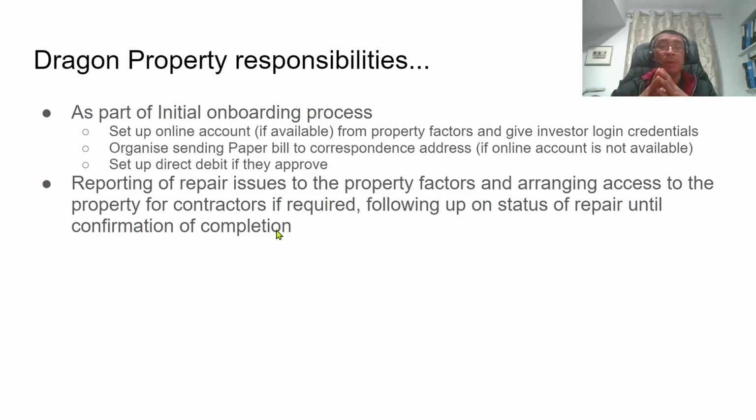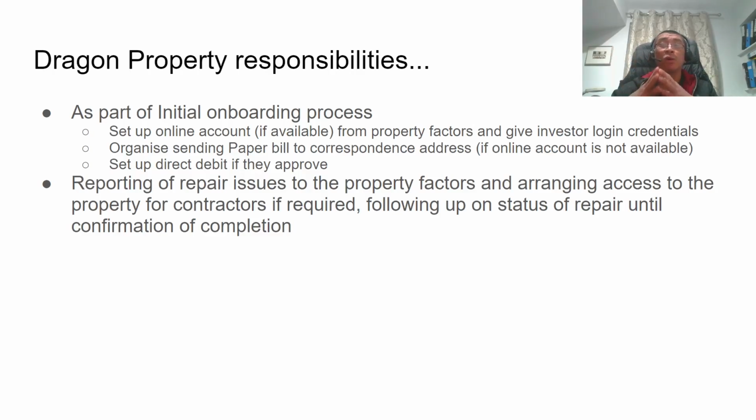For example, if we have a top floor flat and our tenant complains there's a leak, and we know it's not the flat problem, it's the roof problem, we will contact the property factors, we will organize access, and we will get confirmation that the work is being satisfactorily completed by going into the property or asking the tenant, is it still leaking?